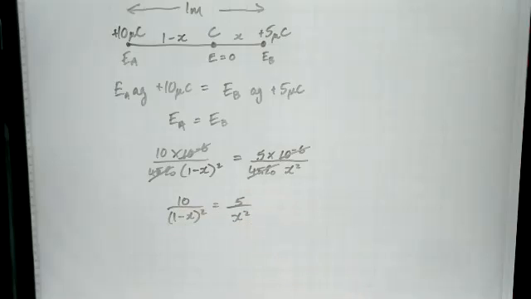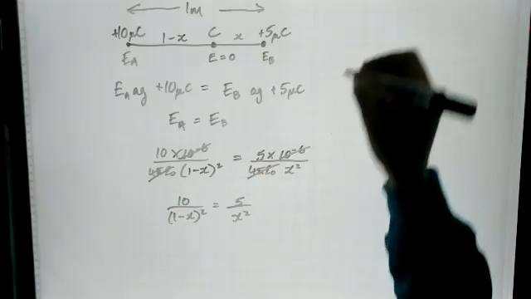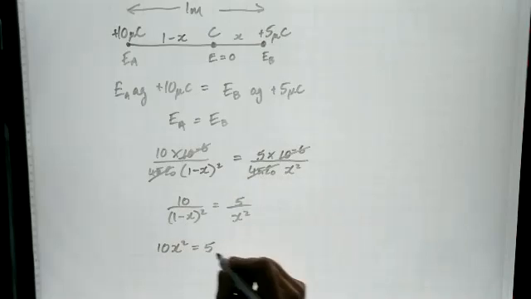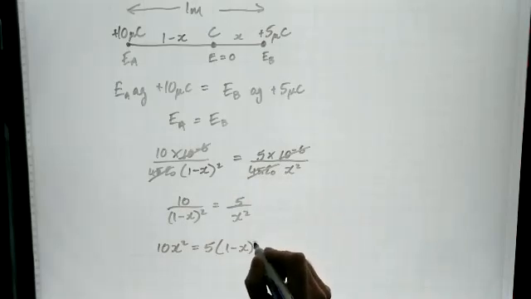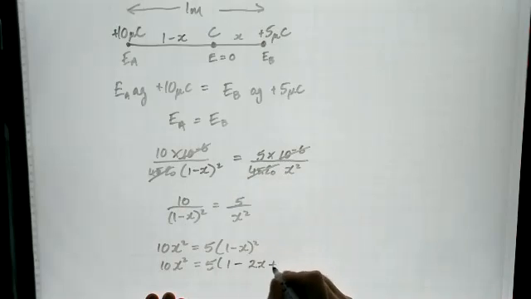Cross-multiplying: 10x squared equals 5 times 1 minus x squared, which is 5 times 1 minus 2x plus x squared.